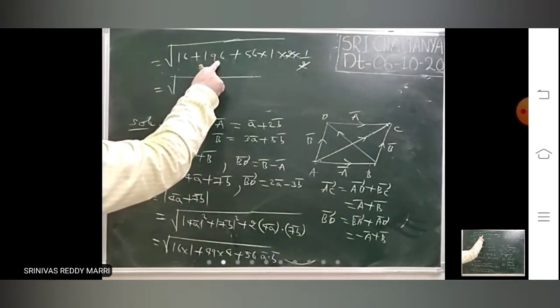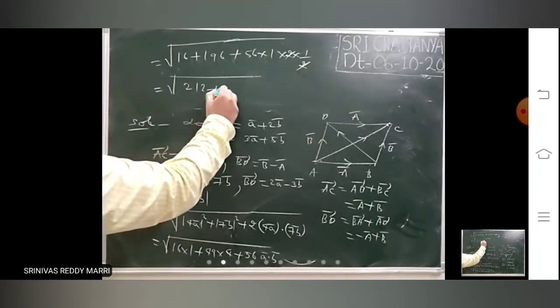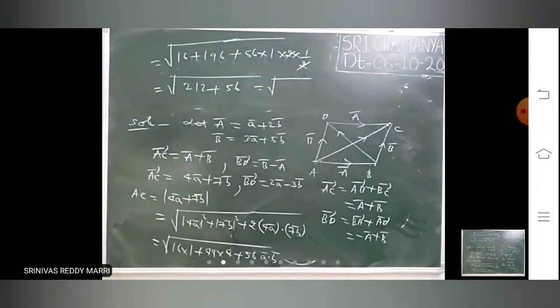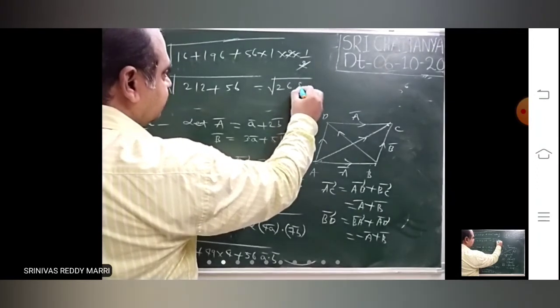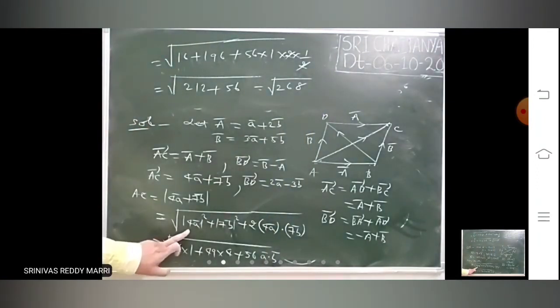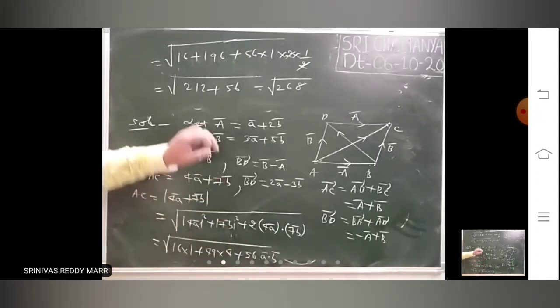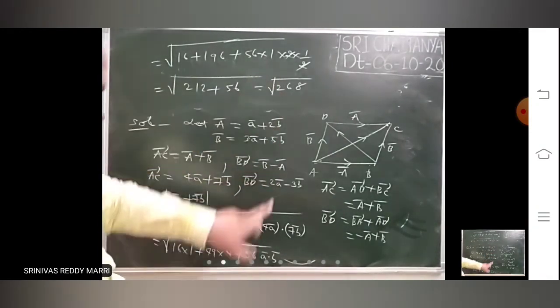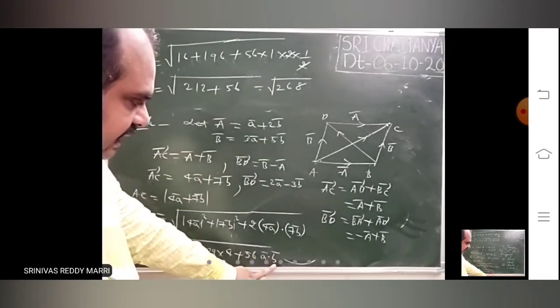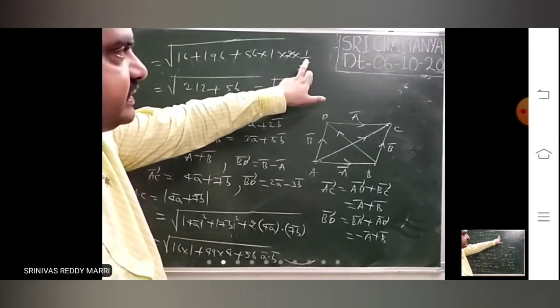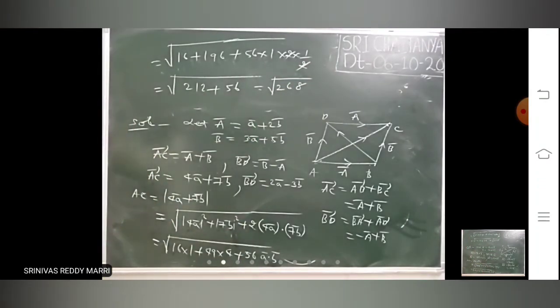So this is 196 plus 12, plus 56, so this is root of 268, one diagonal. Look here, 56 into A dot B is modulus A bar 1 into modulus B bar 2 into cos of the angle between A bar and B bar, which is given as 60. Cos 60 is 1 by 2. So this is the answer.